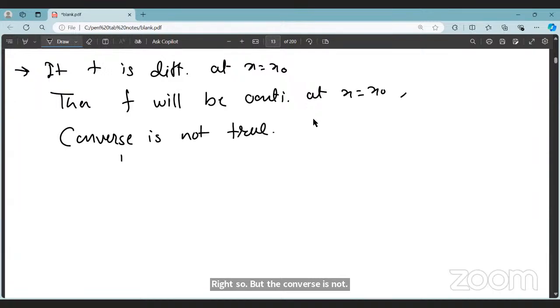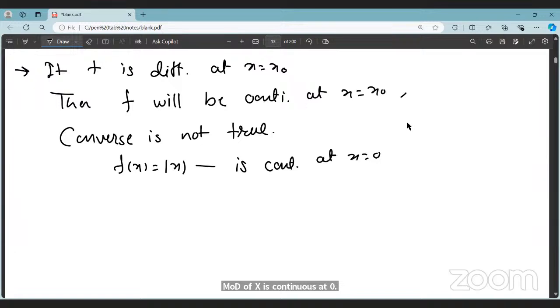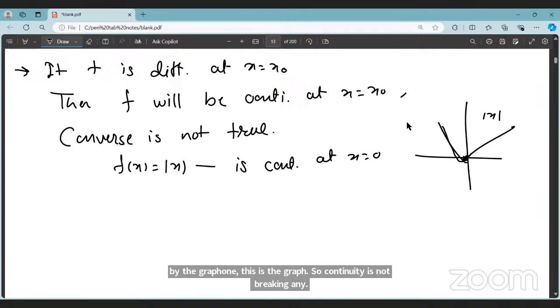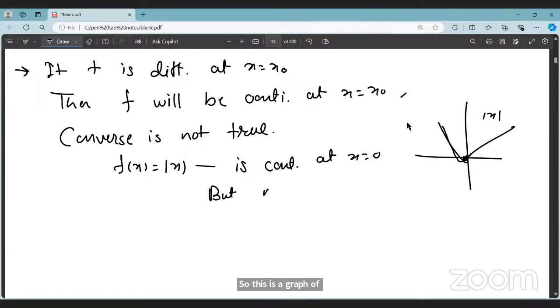The basic example is f of x equal to mod of x. Mod of x is continuous at 0, because you can observe by the graph that continuity is not breaking anywhere. This is the graph of mod of x. So mod of x is continuous at 0 but not differentiable. Differentiability implies continuity, but continuity does not imply differentiability. That means differentiability has much more power than continuity. Okay, is that clear?